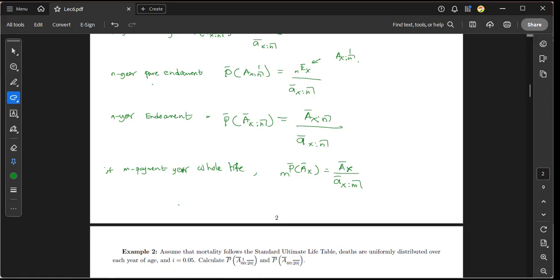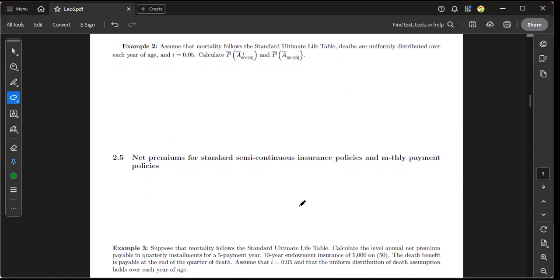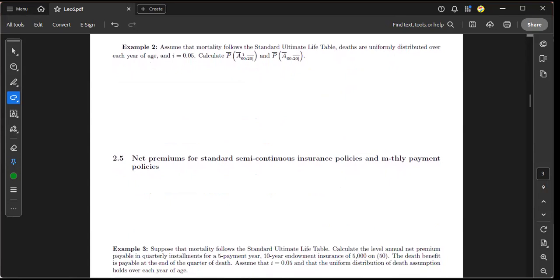So let's go to this example and try to find the premiums here. We have to assume that the mortality follows a standard ultimate life table. If you remember, we had the life table example in the previous video, so we can directly refer to that. The deaths are uniformly distributed over each year of age.